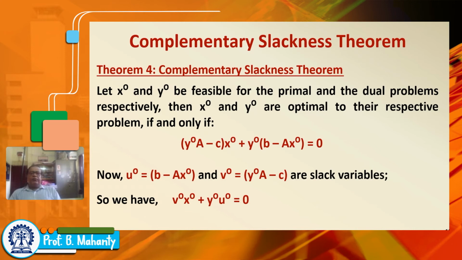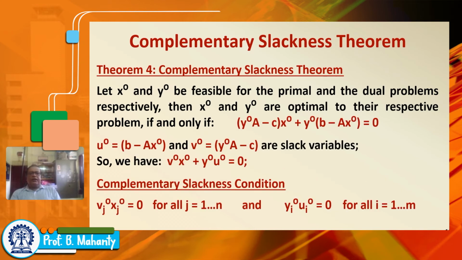So complementary slackness conditions therefore are that vj0 into xj0 will be 0 for all j equal to 1 to n, and yi0 into ui0 equal to 0 for all i equal to 1 to m. Because you see, this is the vector part.